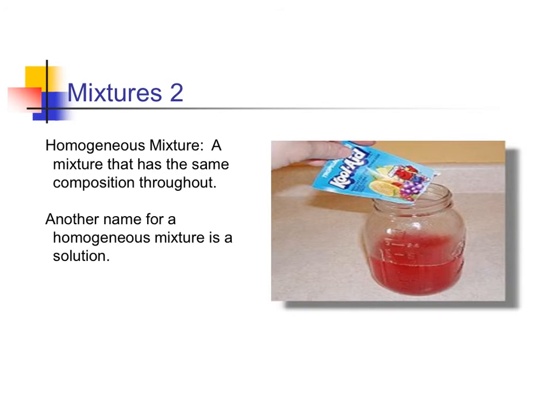Sometimes, though, we have to be careful about that. If you take your Kool-Aid, as we can see in this picture here, and mix it, if you don't do a good job of mixing it, of blending it, it's not going to be a good homogeneous mixture.